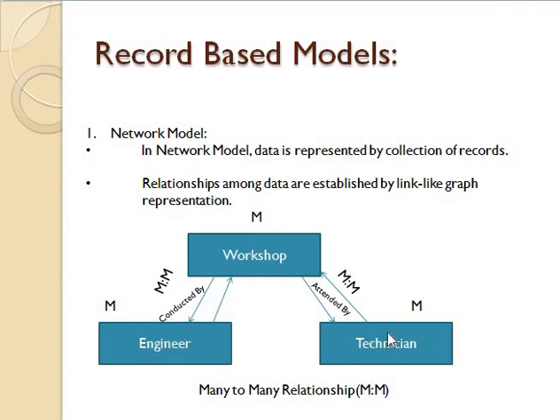In the context of technicians, we can also find out how many workshops are being attended by the technicians. We can even find out the names of those workshops that are being attended by the technicians. So clearly, the network model has an edge over the hierarchical model.